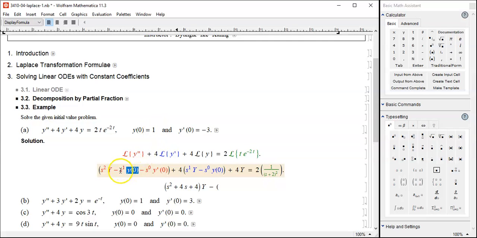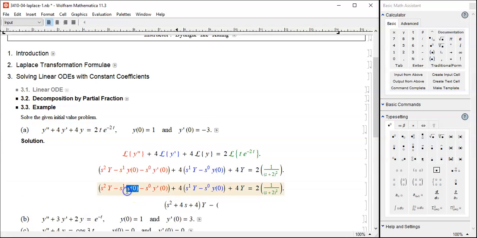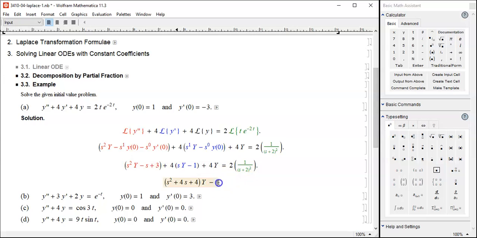So 1 times s to the first, and that's 1. And then this one is negative 3, so this becomes plus 3. And then y of 0 is 1, so minus 1. Okay, all right. And then let's go to the next.